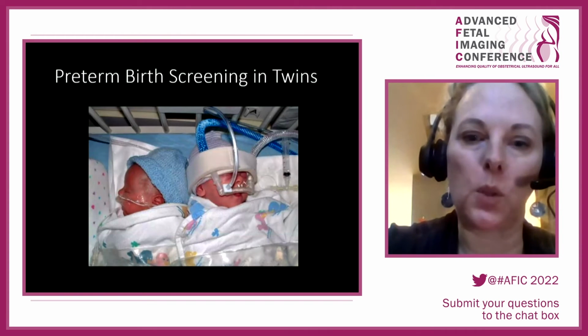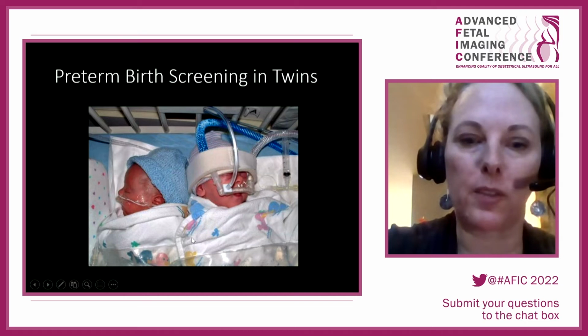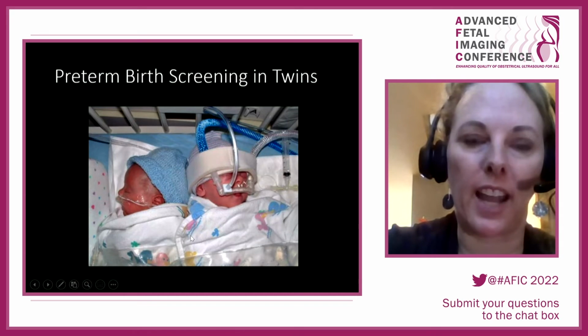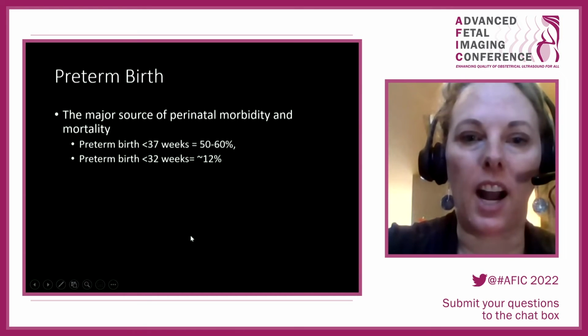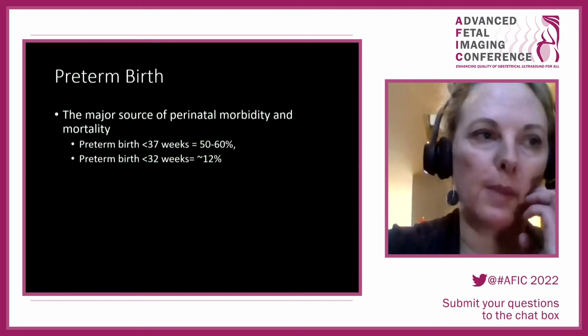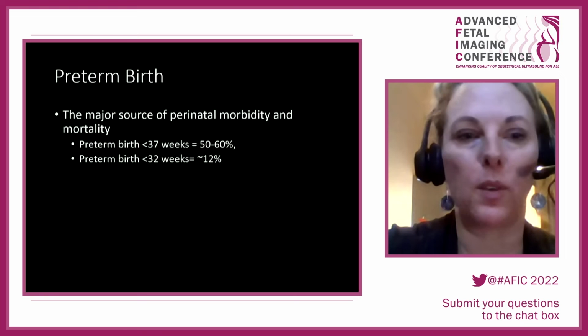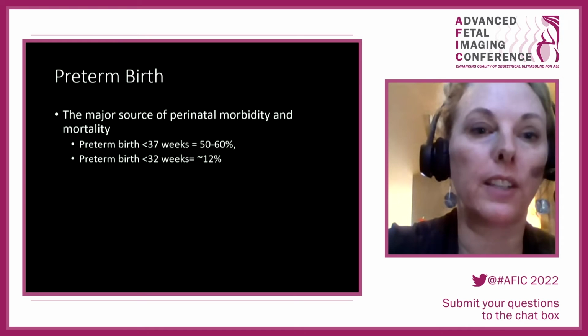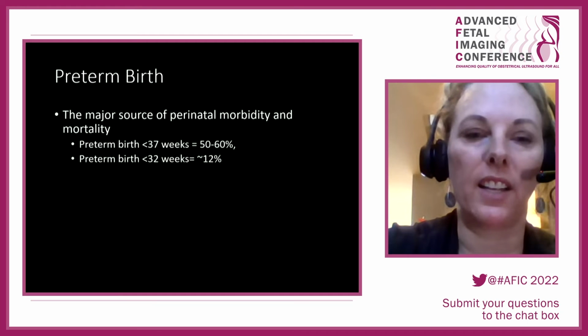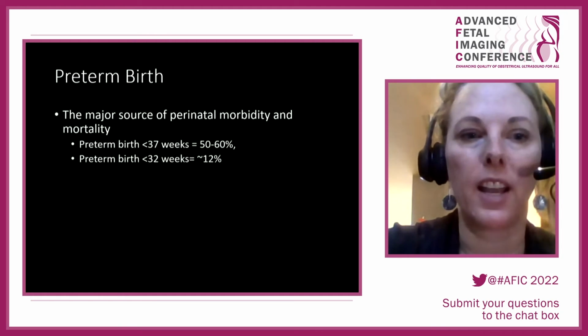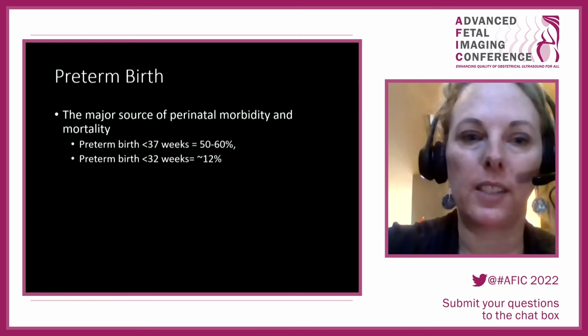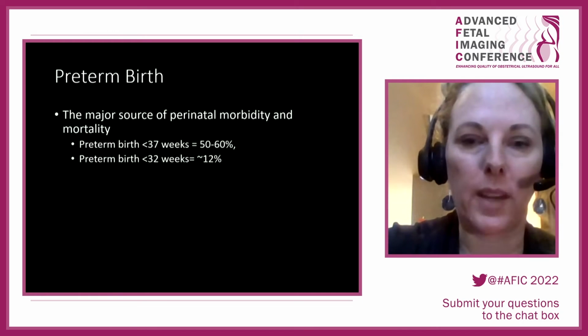Preterm birth screening in twins. As I said, those babies, regardless of whether they share a bed or they don't, like to come out early. If you were to open the doors of the NICU at the FMC Foothills Hospital where I work, you're going to see an excessive dominance of preterm multiples. The average age of twins being delivered is about 35 to 36 weeks.